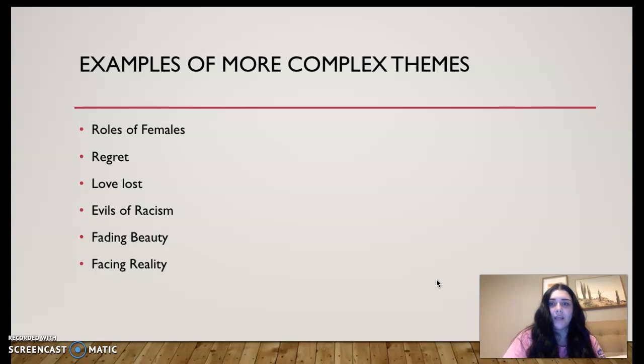I know in this day and age, a lot of people are coming out with different things that are a little sensitive, like the evils of racism or roles of females, things that weren't written about a lot back in the older times. So these are new ideas that people are writing about. So these are going to be the more complex themes.